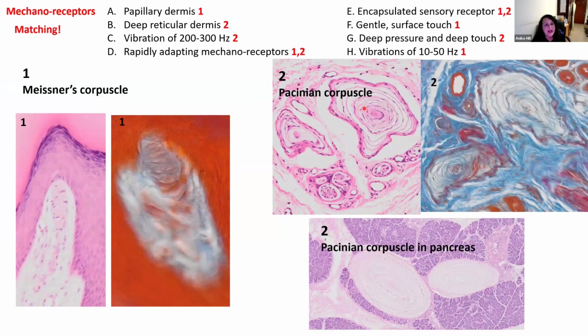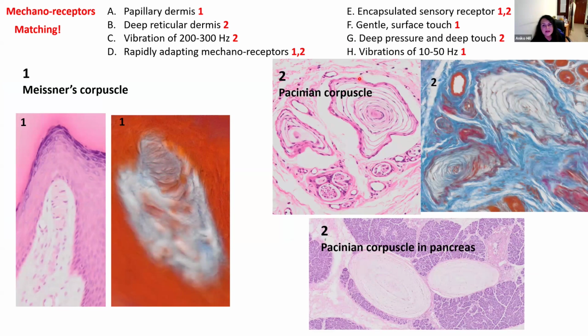So this is a summary slide for you. This is the pink Meissner corpuscle sitting in the papillary dermis. This is the orange Meissner corpuscle coming from the finger slide, sitting again in the papillary dermis.